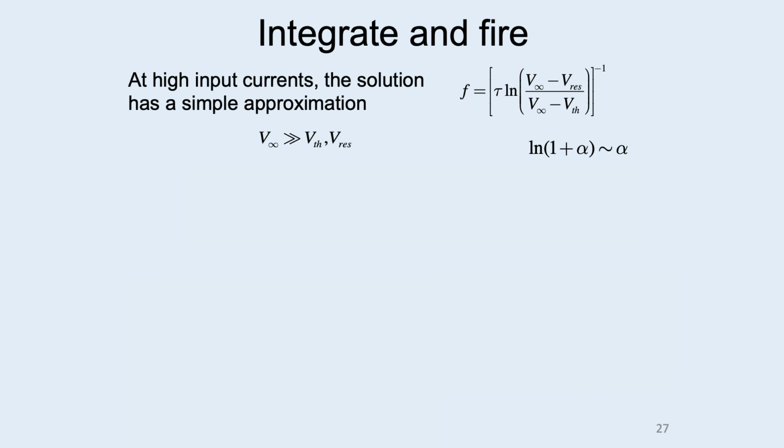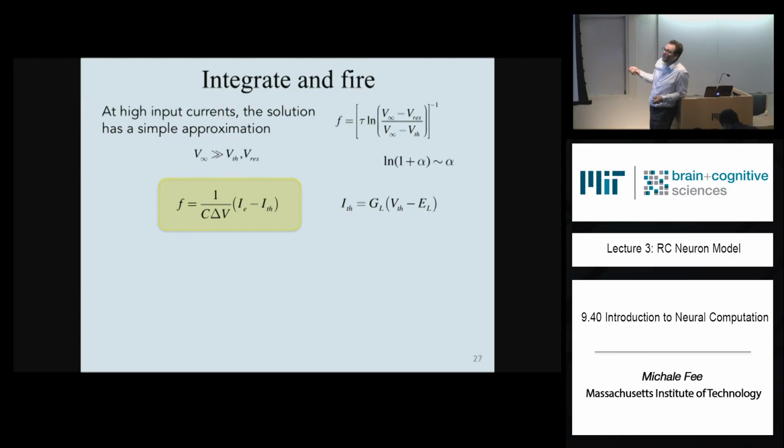So as this approaches 1, you can write it as 1 plus alpha, and that whole thing approximates to alpha. And when you do that and solve for the firing rate, what you find is that the firing rate is just 1 over C delta V times the injected current minus the threshold current. The threshold current is just the rheobase that we calculated before.